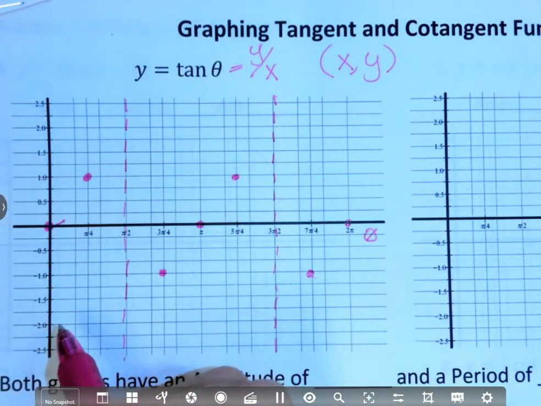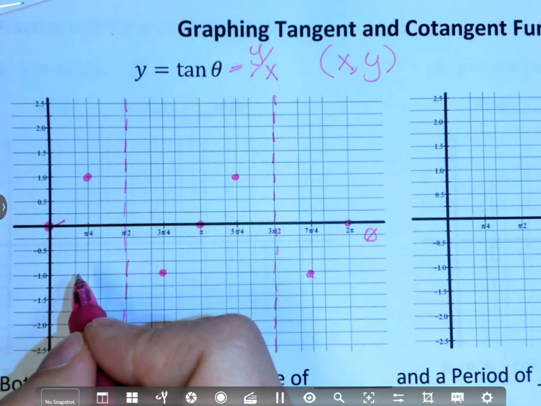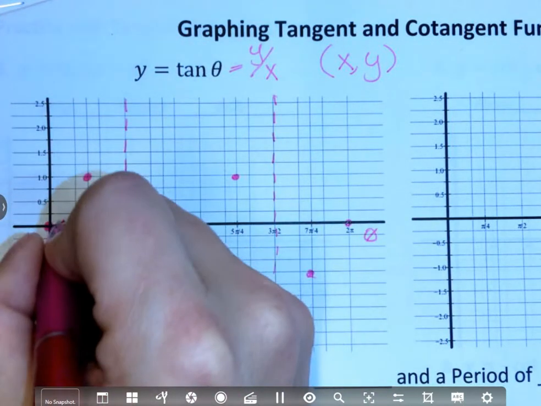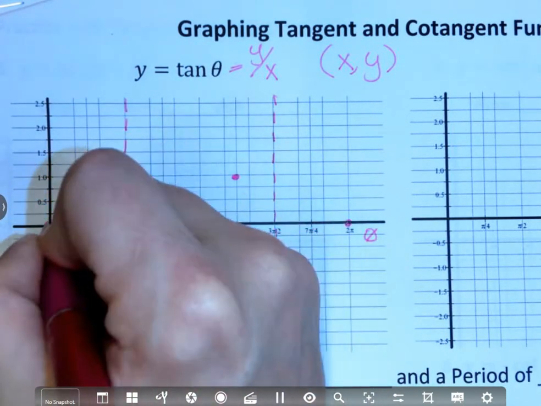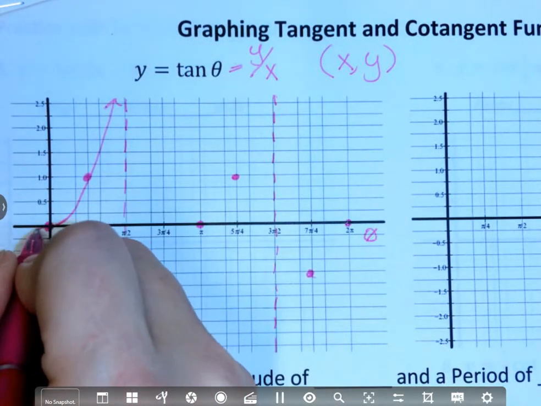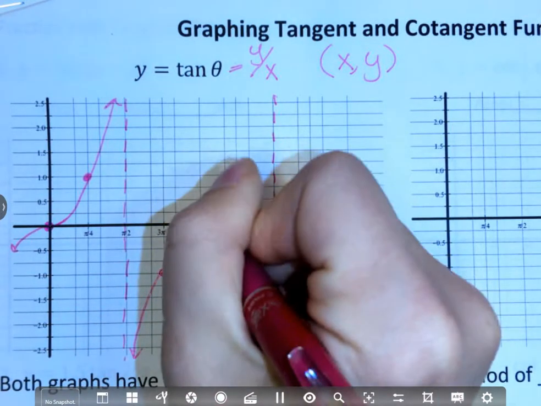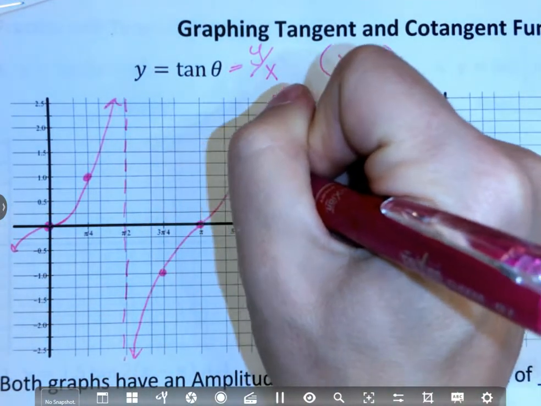I want everybody to just kind of pause for a second and watch how I draw this. Because for some reason, tangents and cotangents cause a lot of difficulty with people drawing. What I found to be the easiest is to start at the middle and to curve up, and then start at the middle and curve down. So curve down, curve up.